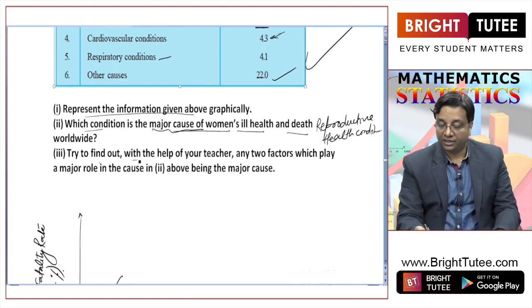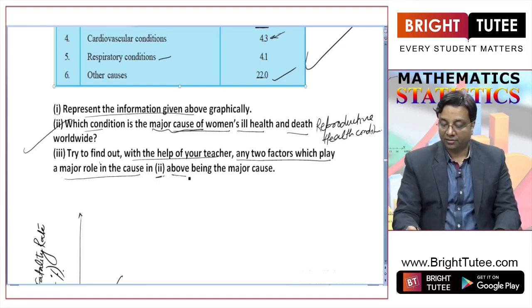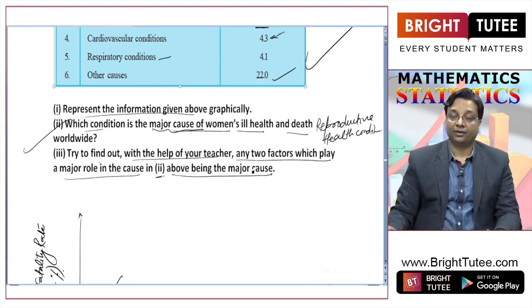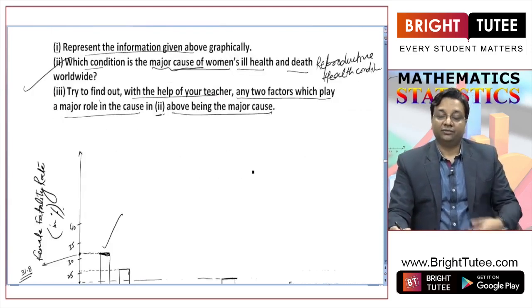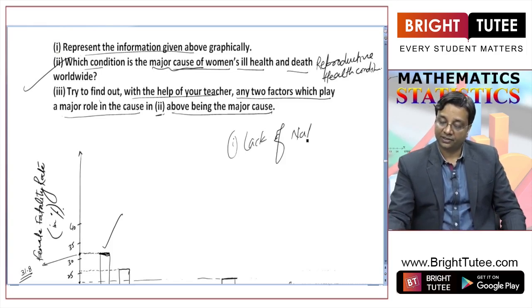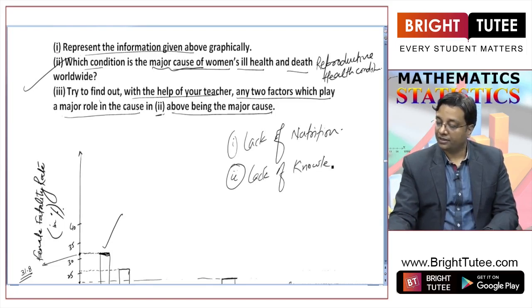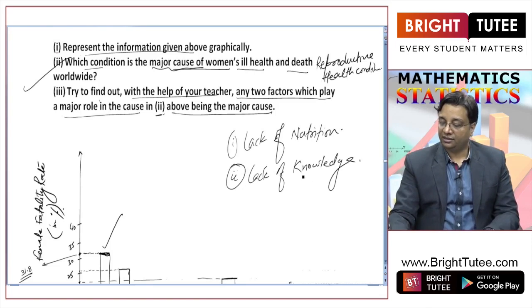Try to find out with the help of your teacher any two factors which play a major role in the second subpart, that is this part above, being the major cause. So you need to discuss it with your teacher and find out. Some of the reasons that may be there can be lack of nutrition for the ladies in those conditions, and the other reason can be lack of knowledge, and this reason can also be lack of education.